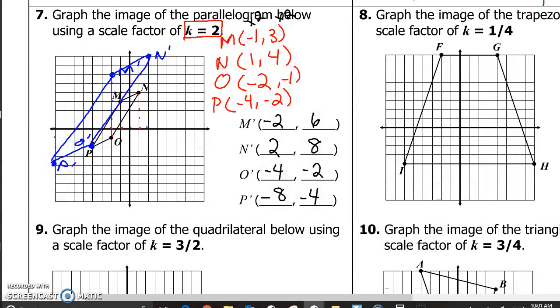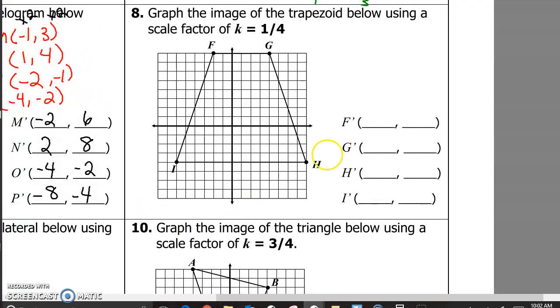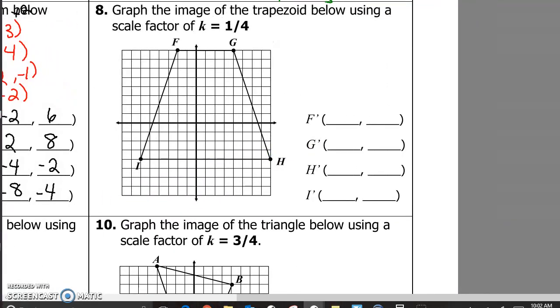All right, number 8 is kind of the same deal. You're given a figure. You need to figure out the original points and the new points with the scale factor of 1/4. So the original points, we have F, which is at negative 2, 8. We have G, which is at 4, 8. We have H, which is at 8, I'm sorry, 8, negative 4.